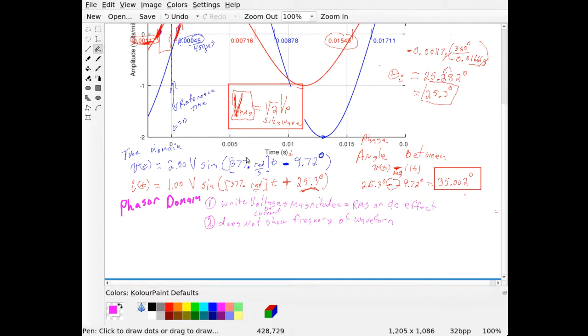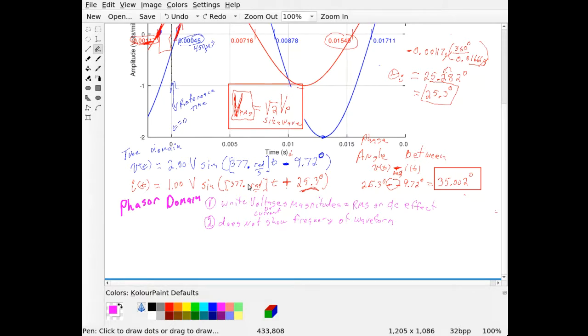See, with the time domain, we have the frequency of the waveform. We write it in terms of the angular frequency, but we know what the frequency is. The phasor domain is a representation of the same waveforms, but we don't actually show that frequency. That frequency is embedded inside of the phasor domain representation, but it is not visible.